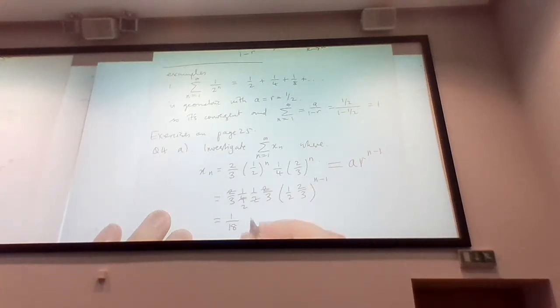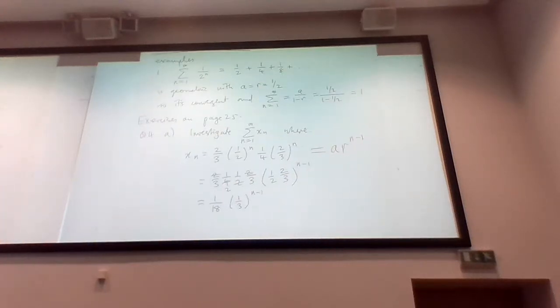1 over 18 times 1/3 to the n minus 1. So we see there what the a and the r is. The a is 1 over 18. The r is a third. So the third clearly has absolute value strictly less than 1. So it is a convergent series, because that's the criterion: the absolute value of r is strictly less than 1. Well, it certainly is.